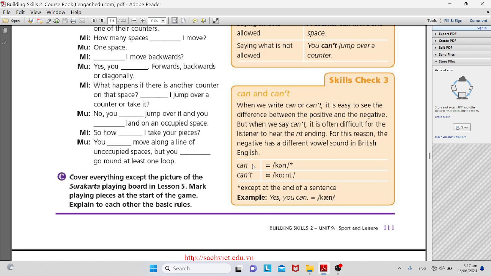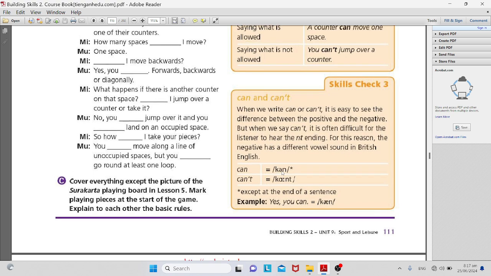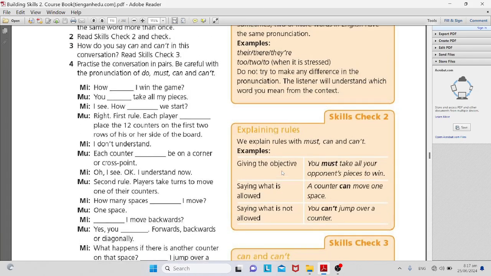So we say can for positive, but can't for negative, except at the end of a sentence. For example, you say yes, you can. You can say, can I help you? And can't. It is very important to pronounce them differently.